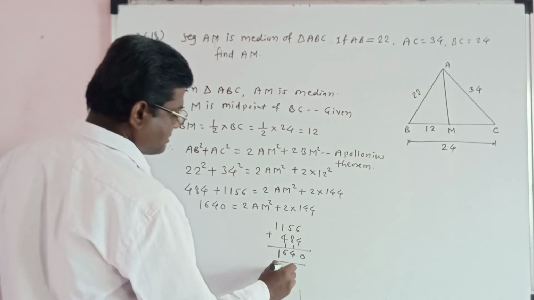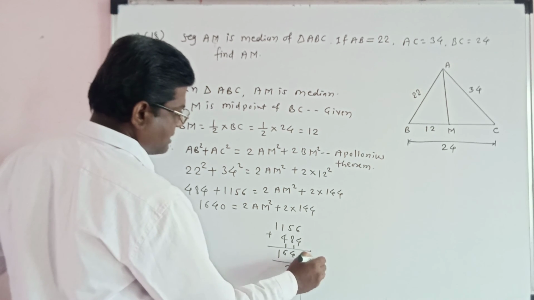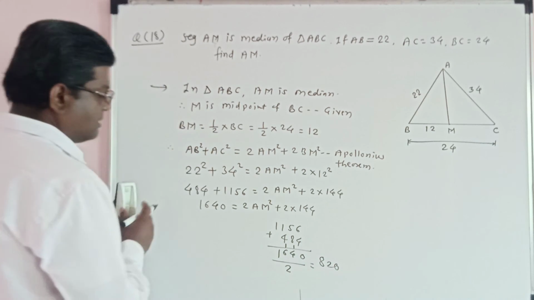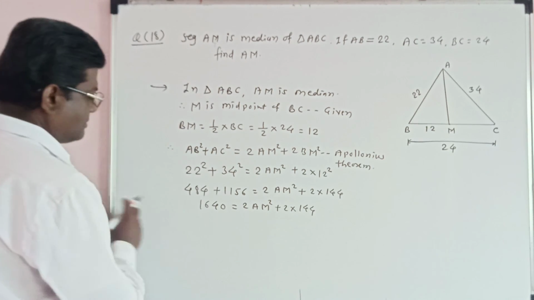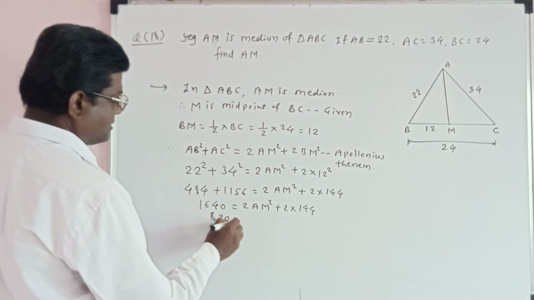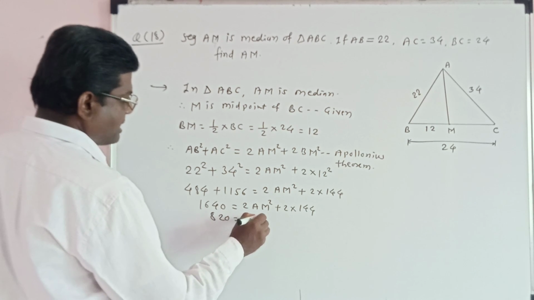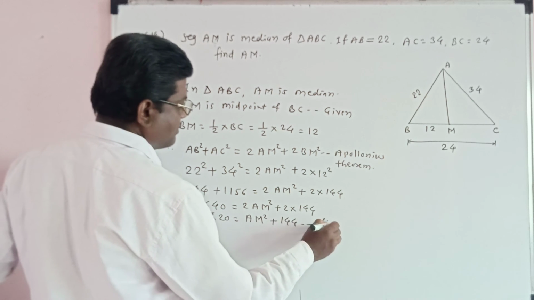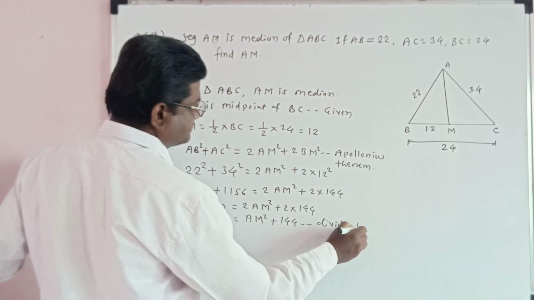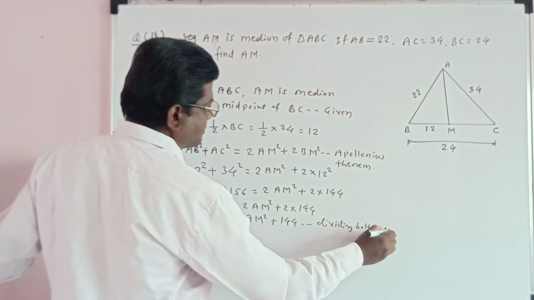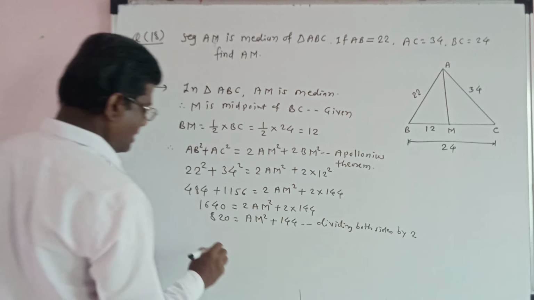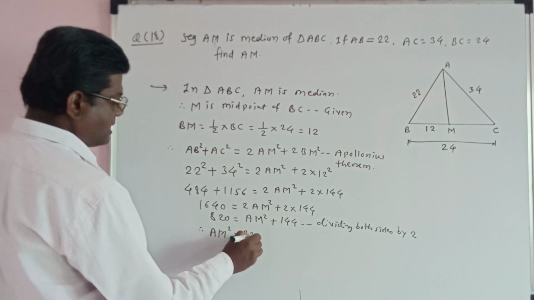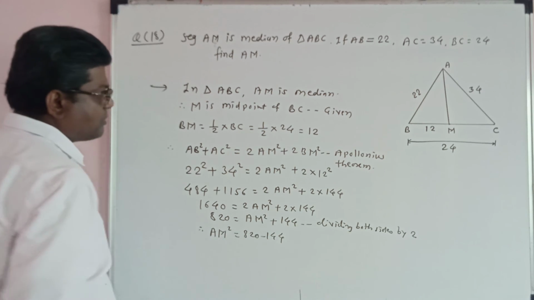So divide 1640 by 2, that will be 820. 820 is equal to AM square plus 144. Dividing both sides by 2. Now AM square is equal to 820 minus 144.